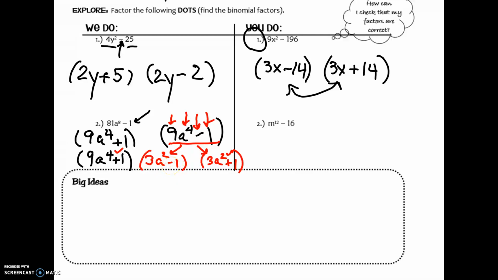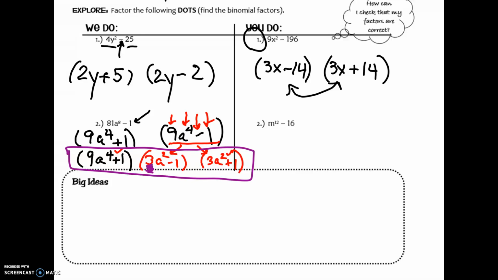I have subtraction, but this squared is still even. However, 3 is not a perfect square. So I can't break this factor up any further. That is how I know I have factored completely. So this is actually my answer to factoring 81a to the 8th minus 1.